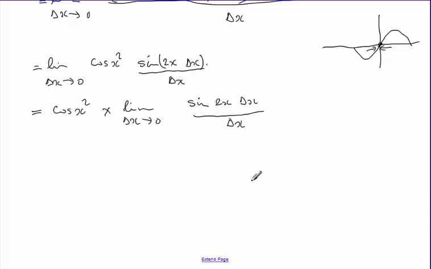I'll remind you of something which you might have forgotten, but don't feel guilty. When I want to conclude this, I don't have a way of concluding, but I remember something. What I remember is that the limit as x goes to 0 of sine x over x is equal to something. That is called a special limit. What is it equal to? You forgot it. It's equal to 1.